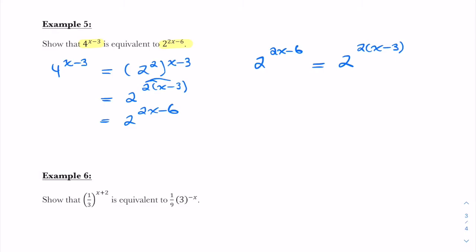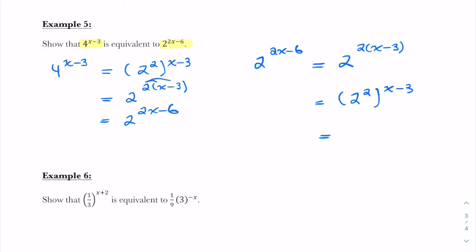We were told when you have a power to a power, multiply the exponent. So run that rule in reverse. This is like 2 to the exponent 2 to the exponent of x minus 3. If that's a bit confusing, I'm just using the power of a power rule in reverse.